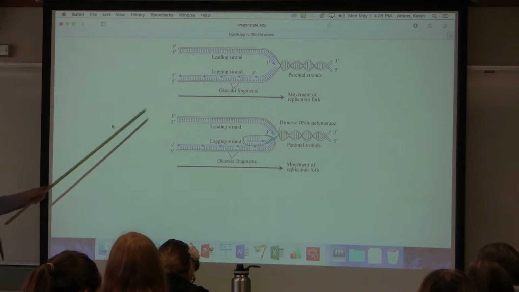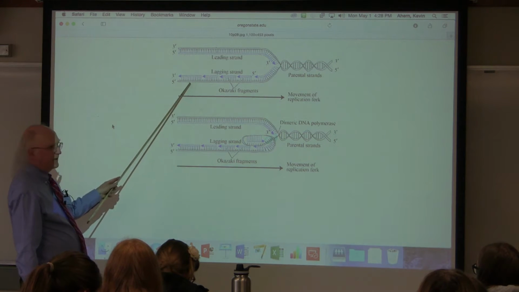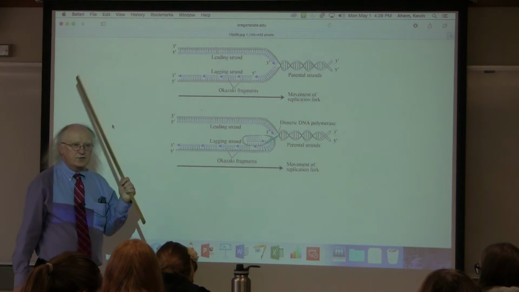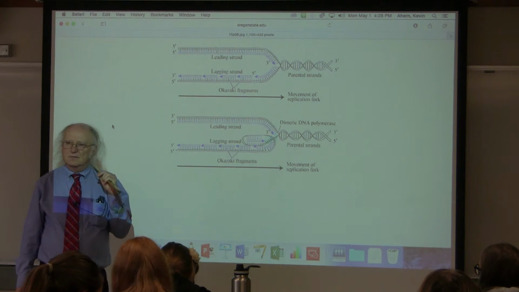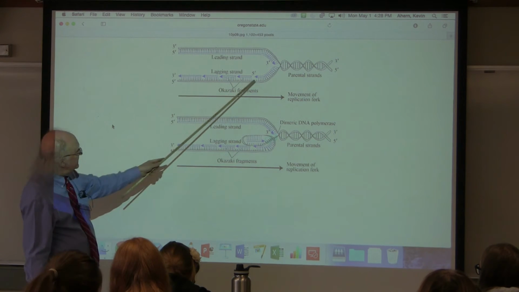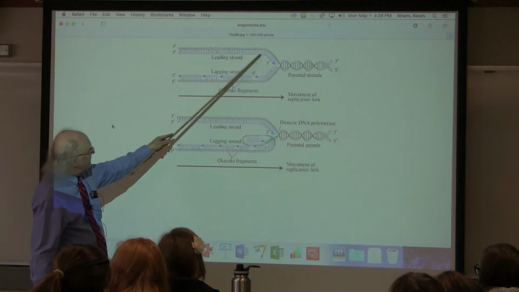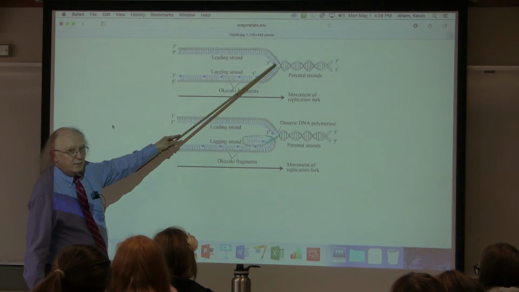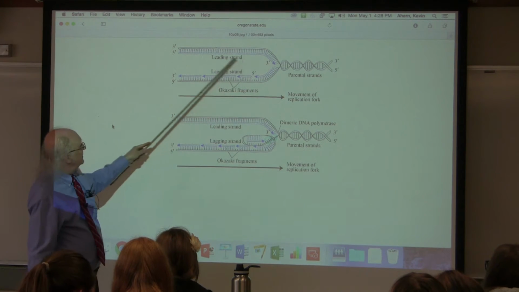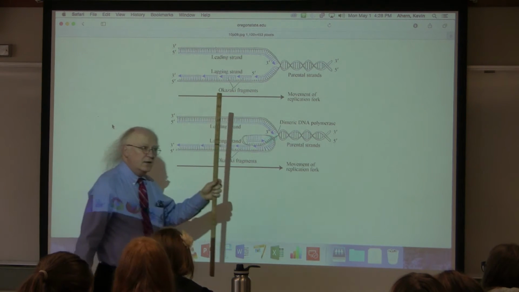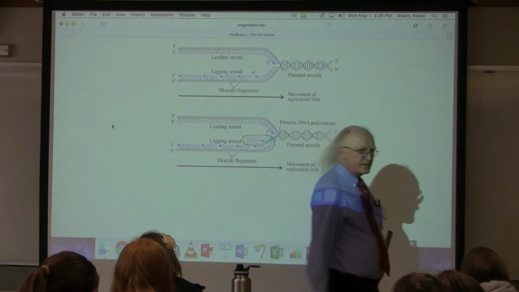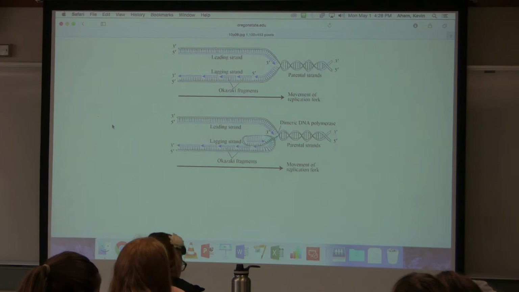If this were just a single strand down here, they can't start the single strand all by themselves. But if there's a piece that has an end, they can extend the end of that. So that's what this guy's doing. It's extending the end of something that's already been made. The question is then, how did it get started? If it can't start synthesis, how does a DNA strand get started?